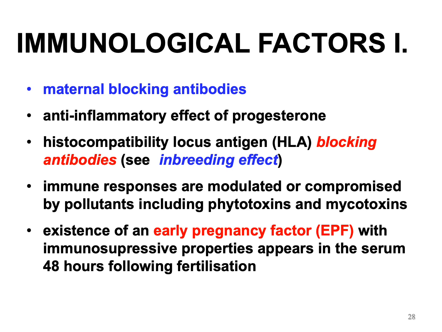But we know that the inbreeding effect is related to the genetics of the major histocompatibility locus antigen. And all the previous immune responses are modulated or compromised by the mentioned pollutants.